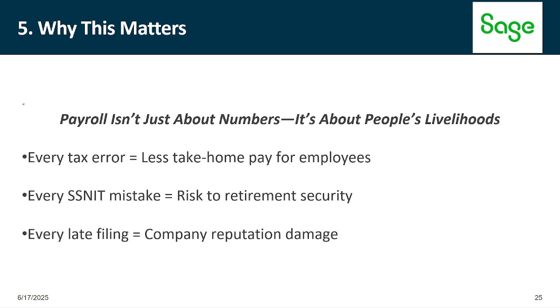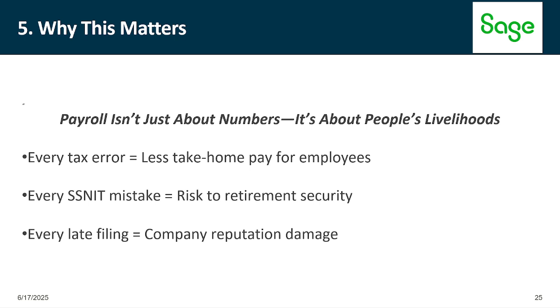The money is not enough, and if we are still making errors in their tax computation, charging more tax, they are taking less money home. Every SSNIT mistake risks their retirement security. People are working for retirement. They want to have a secure retirement. So if you are not paying the right SSNIT, the right retirement contributions, it will affect people.